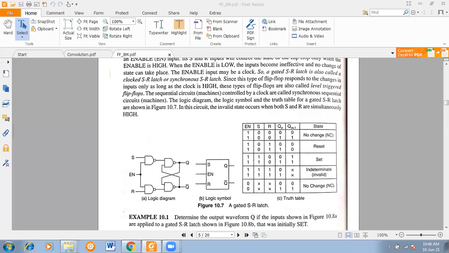So what are the conditions? Clock input is present, S and R both are 0, so the output will be the no change condition. That is the first case. Enable input is present, clock is present, both the inputs are low, but here no change: 0 0 1 1. The present state and next state are both the same.